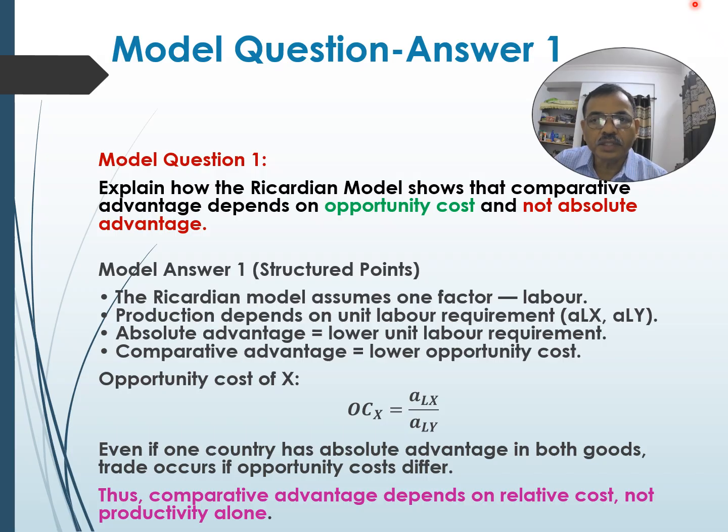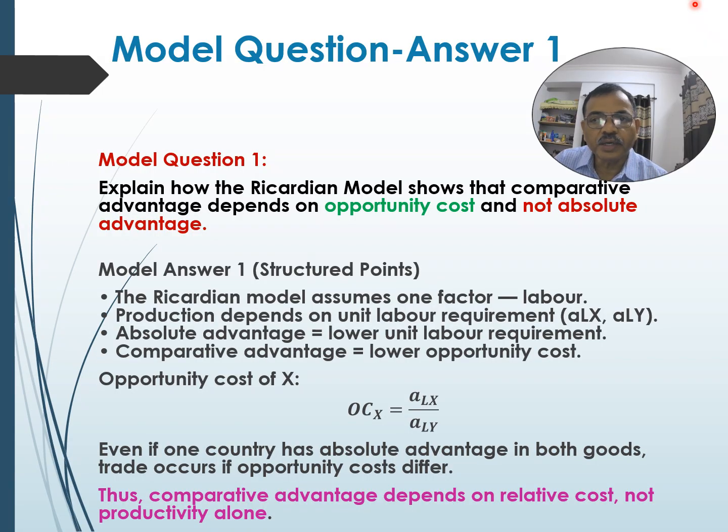The model assumes that labor is the only factor of production and production is determined by unit labor requirements. Absolute advantage means a country requires fewer labor hours to produce a good.